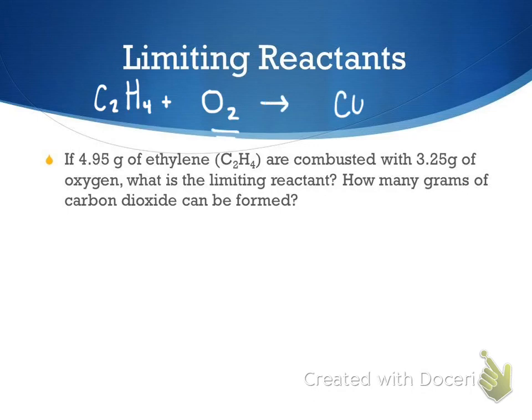So our products are carbon dioxide and what? H2O. So we need to balance this now. Okay, I think that's probably balanced. 2 carbons, 4 hydrogens, 6 oxygens, and 6 oxygens.